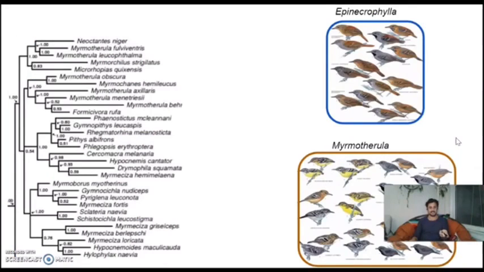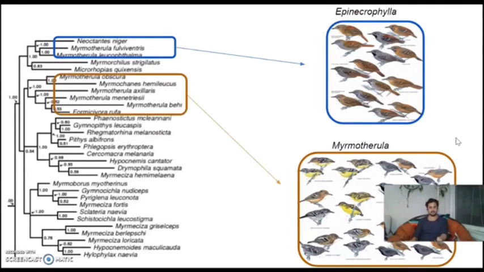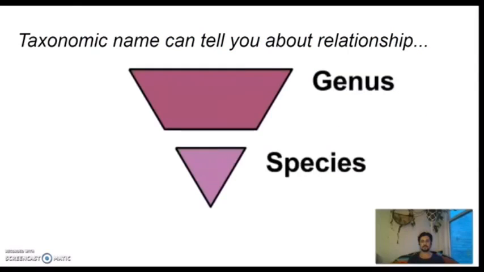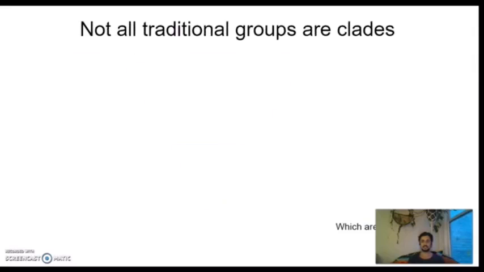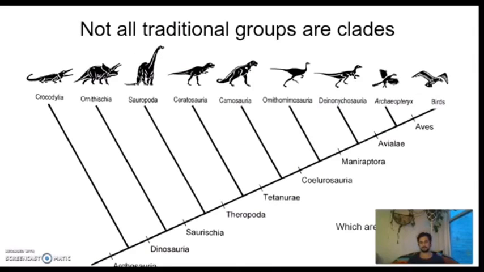And if you look at a taxonomic tree and find Epinecrophylla, you'll see that it nests over here with Neoctantes. And if you look at Myrmotherula, you see that they're on a totally different branch. So now, without even looking at a tree like this, just by knowing they have a different genus, you can infer that the Epinecrophylla and the Myrmotherula are probably on their own branches in separate taxonomic groups. So a taxonomic name can tell you about a relationship.